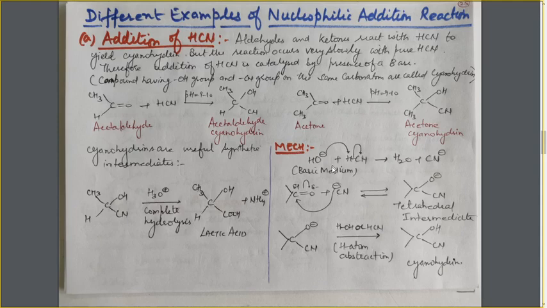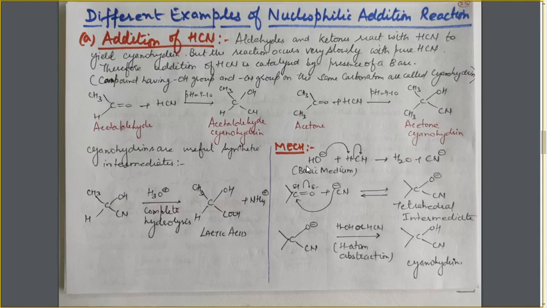So in this mechanism, what is the role of the basic medium? The OH negative ion will take the H positive ion from HCN, leading to the formation of H2O and CN negative ion. Here CN negative ion is formed in larger amount.